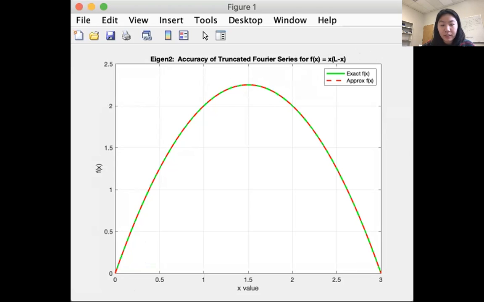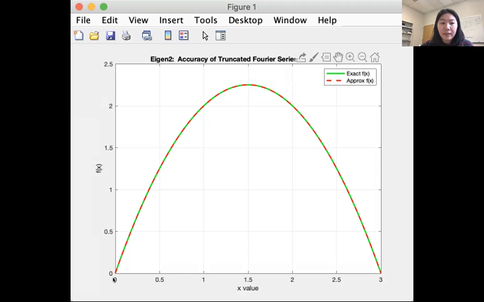The only difference is that this continuous function satisfies the boundary conditions. So you don't see the noise at the boundaries, where x equals 0 and x equals 3, that you saw before, because the continuous function f(x) equals 1 didn't satisfy the boundary conditions of the Sturm-Liouville problem.